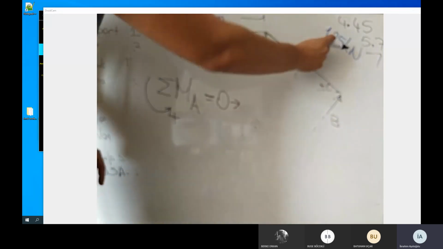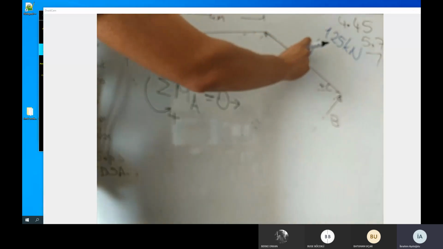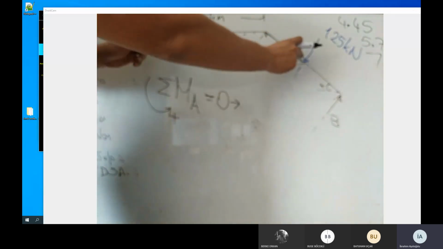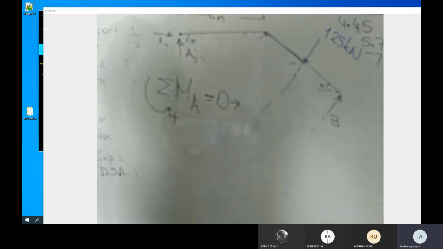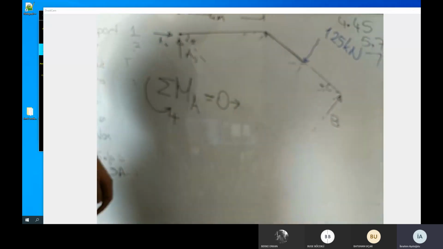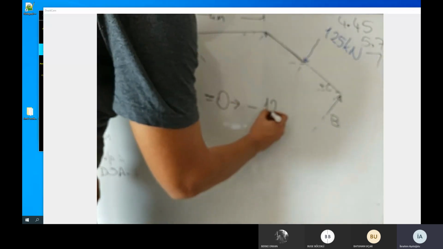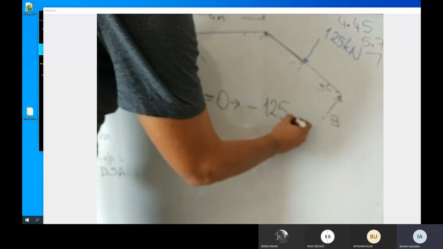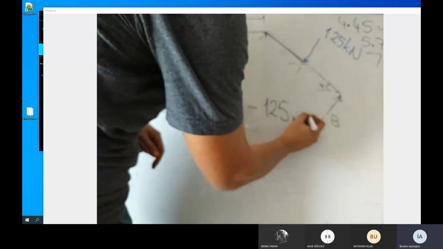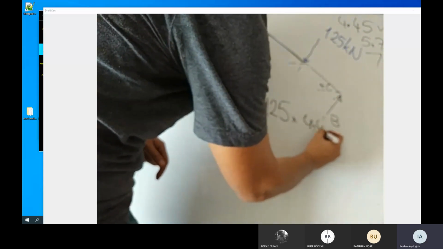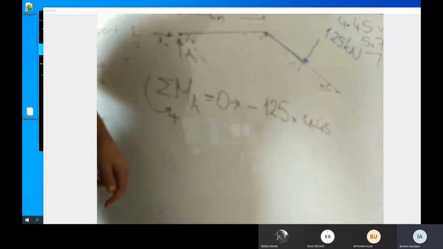The 125 kilonewton force rotates this beam in the clockwise direction, therefore I need to write the negative. I write the force value 125 times the perpendicular distance 4.45. I can rewrite this part later.